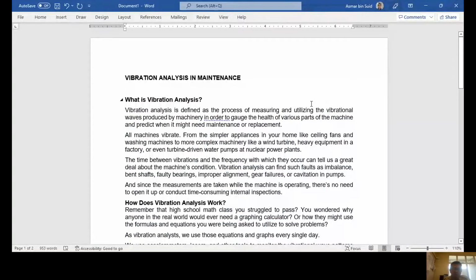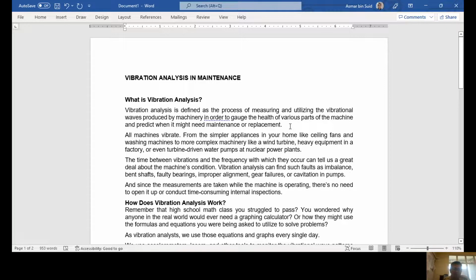So what is vibration analysis? Vibration analysis in maintenance is defined as the process of measuring and utilizing the vibrational wave produced by the machinery in order to gauge the health of various parts of the machine and predict when it might need maintenance or replacement.